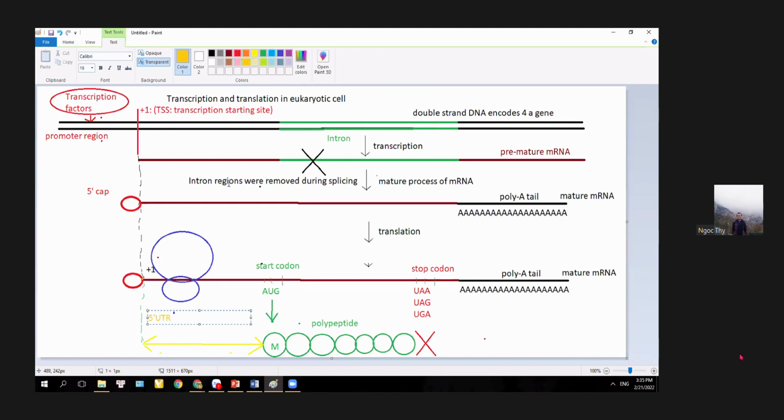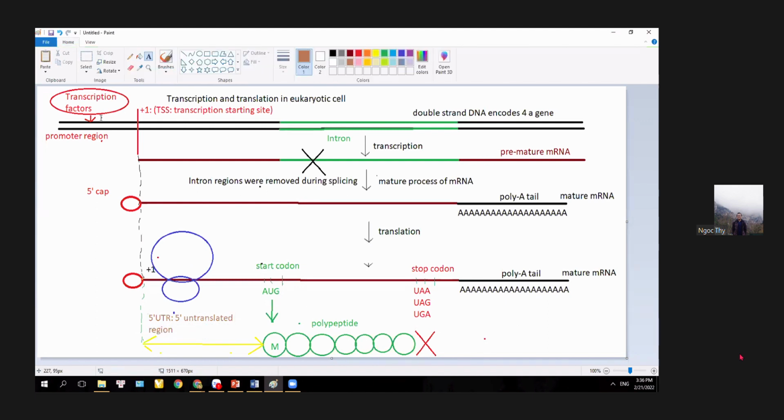Maybe I will choose another column too. 5' UTR, or 5' untranslated regions. Okay, so the position from this to this, and the same with the position here from the stop codon to the end.